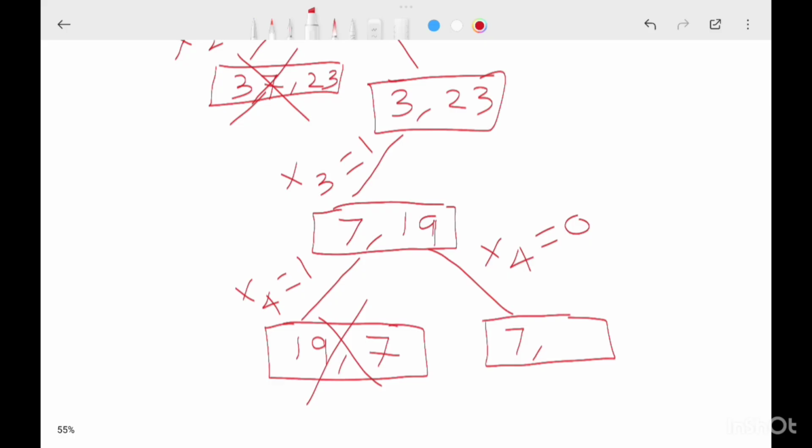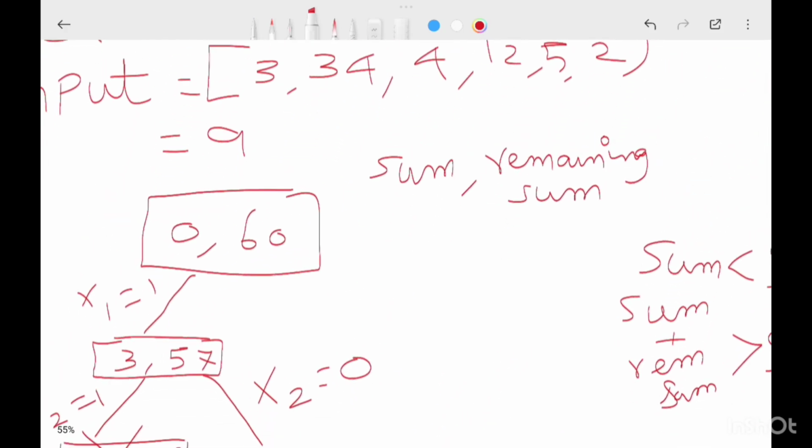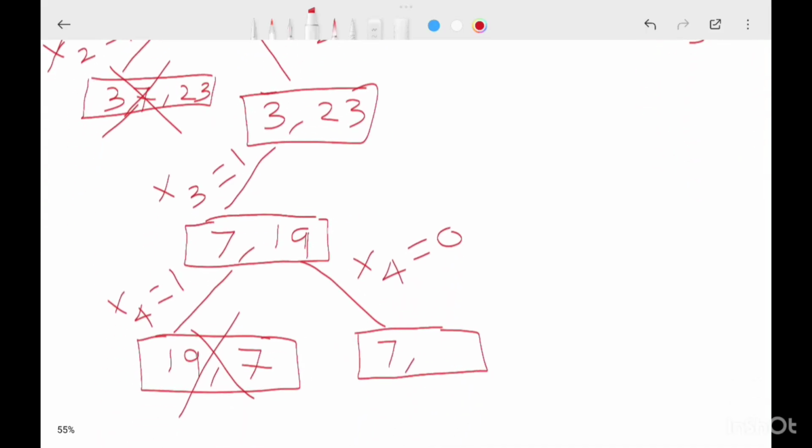Now the fourth value cannot be included, so we should not add 12 in the remaining sum. We need to eliminate it, so 19 minus 12 will be 7. Now I am checking whether this is a feasible state or not. Yes, sum is less than 9, and sum plus remaining sum, 7 plus 7, 14, is greater than 9. So both conditions are satisfied and this is a feasible state.